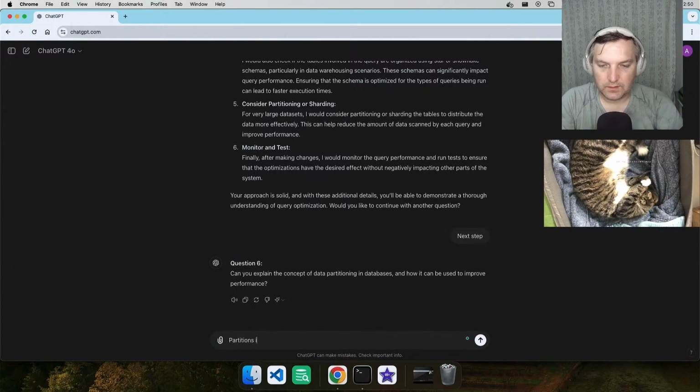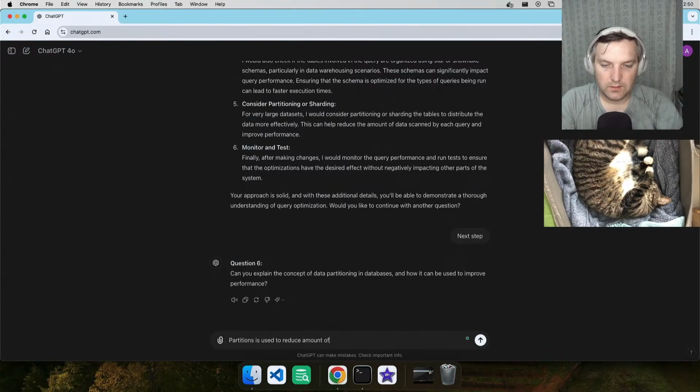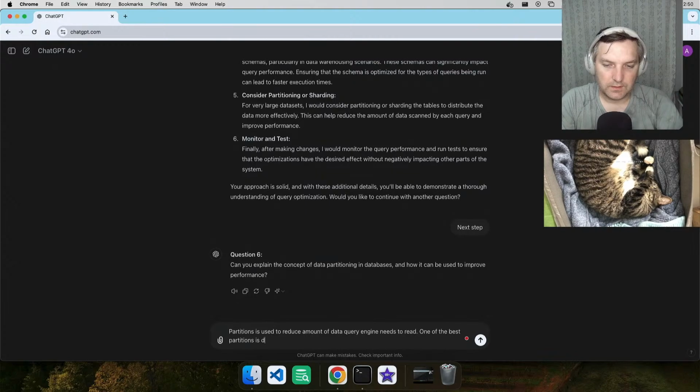Partitions are used to reduce the amount of data the query engine needs to read. One of the best partitions is date, so each day would be in a separate partition.